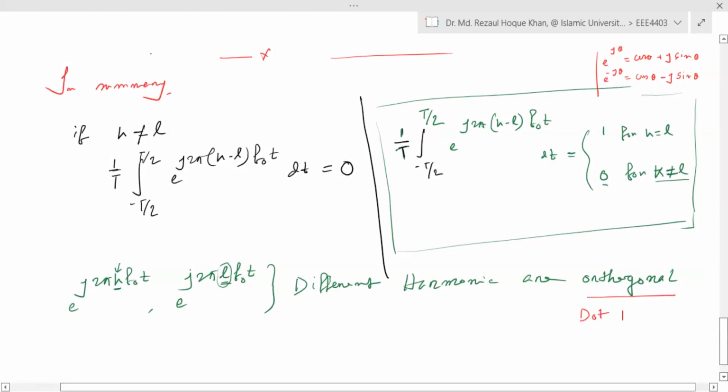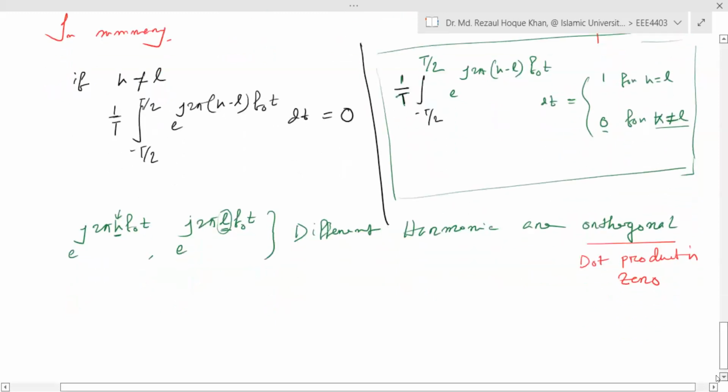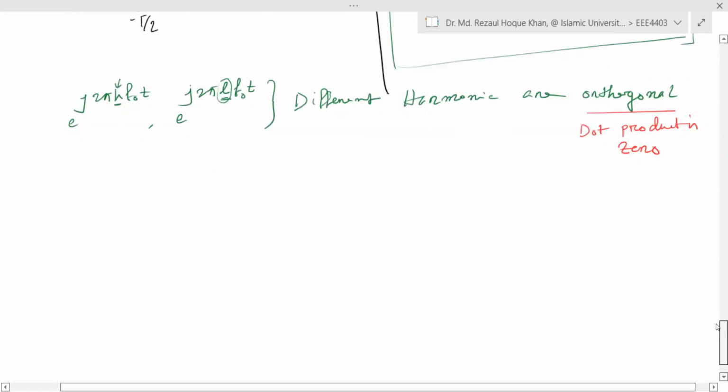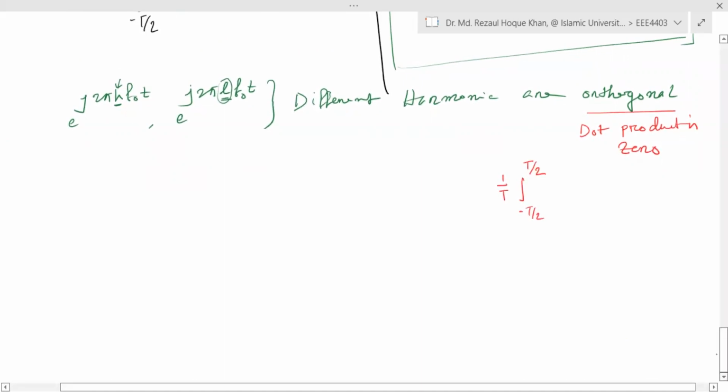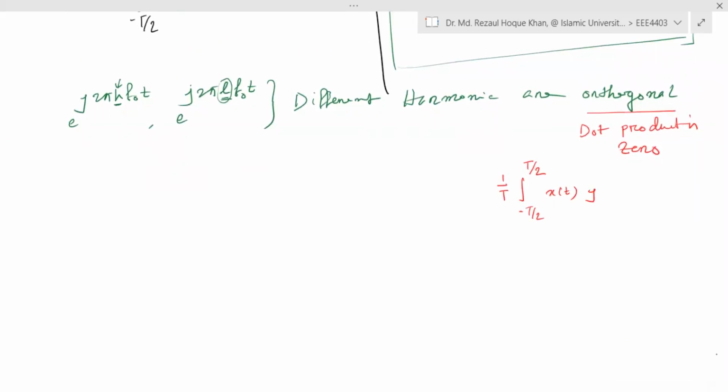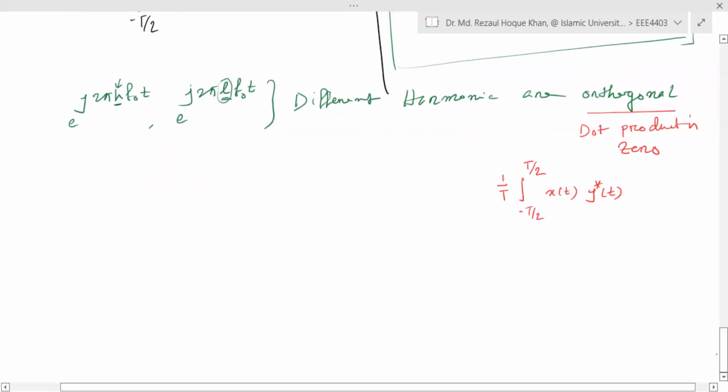For any signals x and y, we write 1 by T integral from minus T by 2 to plus T by 2, over the whole period, of x(t) times the complex conjugate of y(t) dt.